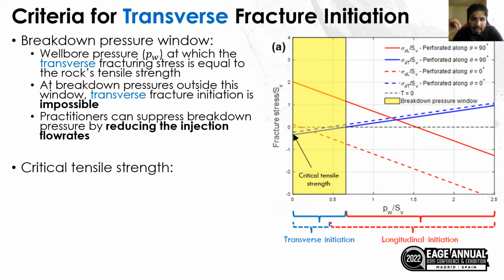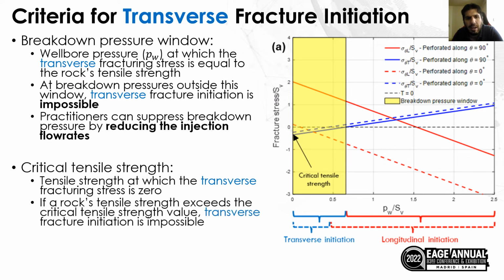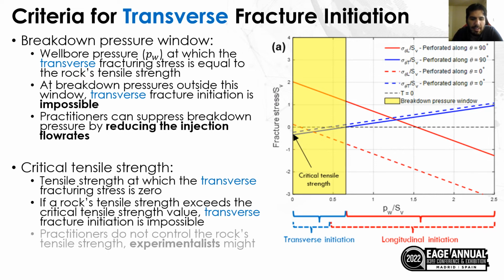If the tensile strength of the rock you are trying to fracture is lower than this value, you will never get transverse fracture initiation. I don't care how low your breakdown pressure is. This is not in the control of the practitioner as much as the breakdown pressure, because there is nothing you can do to change the rock that you are trying to fracture.